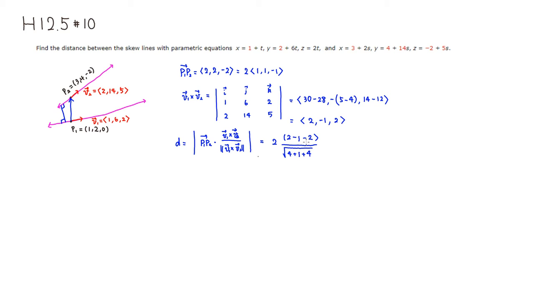I forgot the absolute value, so I have to take the absolute value here. So 2 minus 2 cancels out, leaving -1 with absolute value positive 1, times 2, so you have a 2 on top. And you have the square root of 9, which is 3. So we can see that the distance is 2/3.